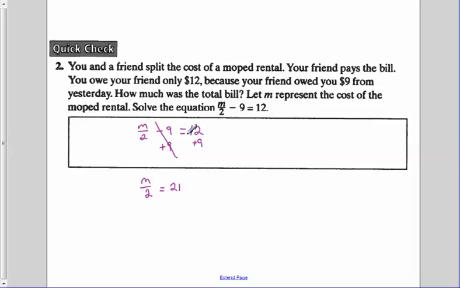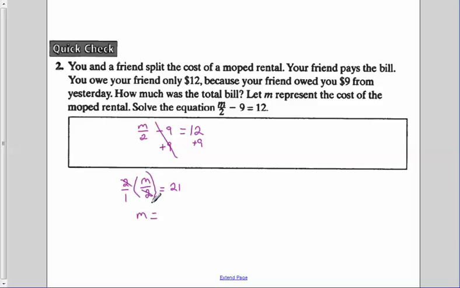And then when I multiply by 2, because I see division. I see division here, m divided by 2. So I need to get the 2 out of the denominator. In order to get the 2 out of the denominator, I need to multiply by 2. And when I multiply by 2, that can cross simplify, so that my 2's cancel out here, and I'm just left with m over 1, which means just m.